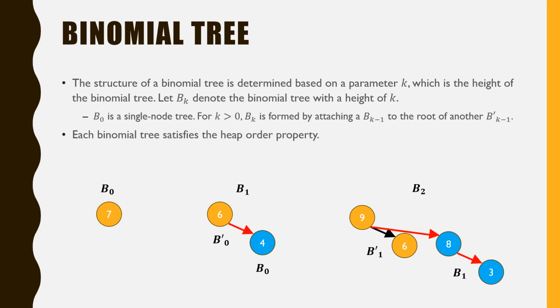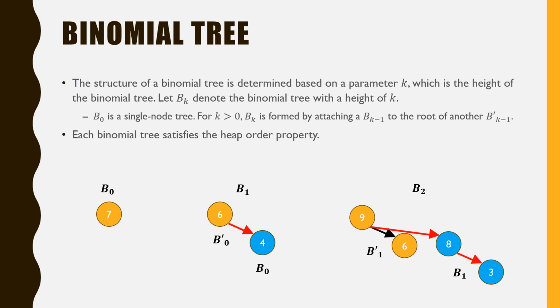A B1 tree is formed by concatenating two B0 trees. For example, the middle binomial tree B1 is created by attaching the blue tree B0 to the root of the orange tree B'0.